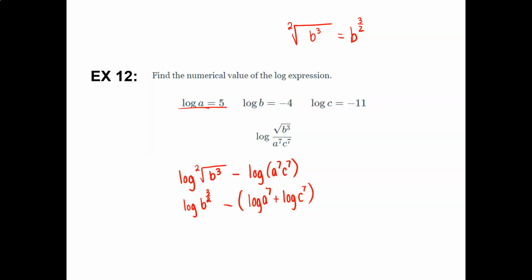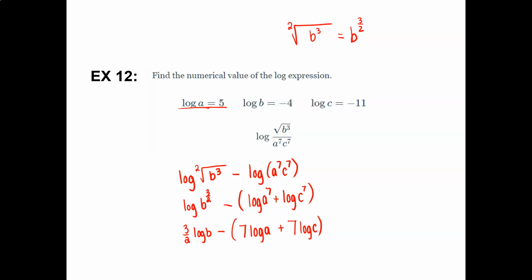And last, all your exponents can come out. So you'll have 3/2 log b minus 7 log a plus 7 log c. Okay.